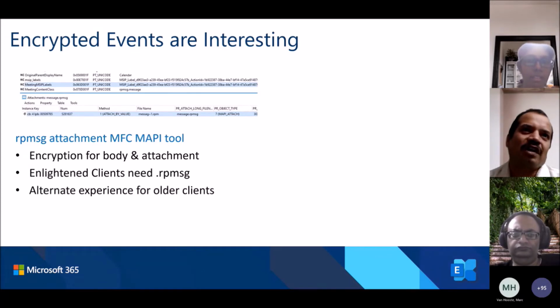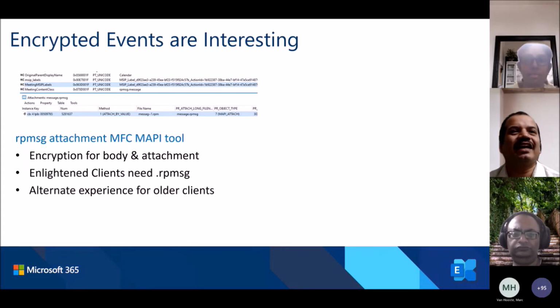And this is what we were talking about. Clients need to understand what to do with the RPMSG attachment, or how to decrypt it and render the body and the attachments. So for a user who has the rights, it will seem seamless.